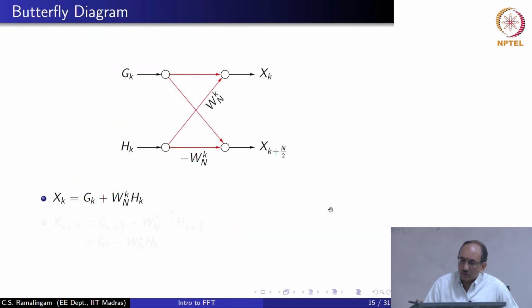And this is what is called the butterfly diagram, because this term looks like the wings of a butterfly. So what this says is, to compute xk you take gk, and whenever an arrow takes off from a node, the same value gets repeated on both nodes. When two arrows converge on a node, it is summation.